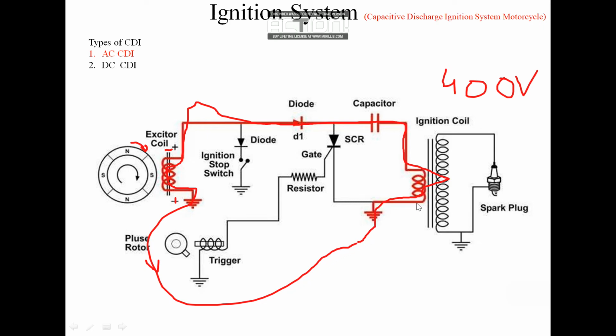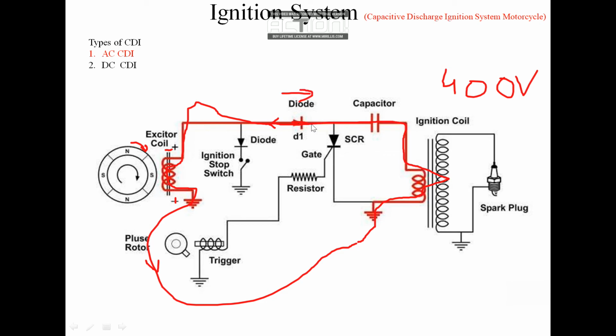But whenever it flows in the opposite direction, this diode won't allow the flow in this direction. So what will happen? Current will be stuck over here from the AC generator. The current developed by the AC generator whenever N is in front of the exciter coil will not be allowed to pass across the diode, because the diode has this direction.